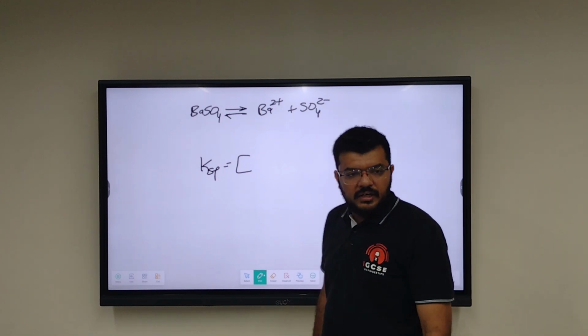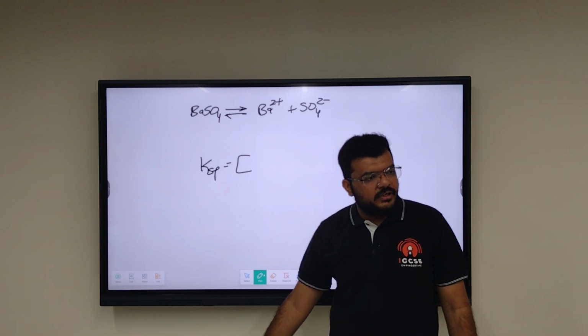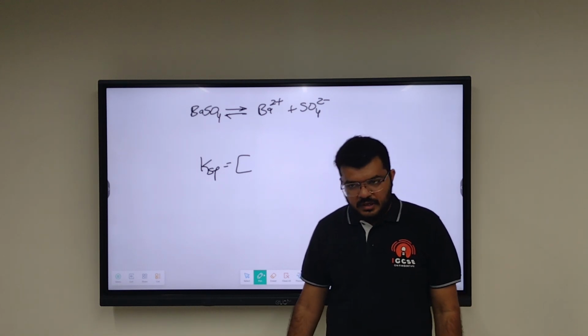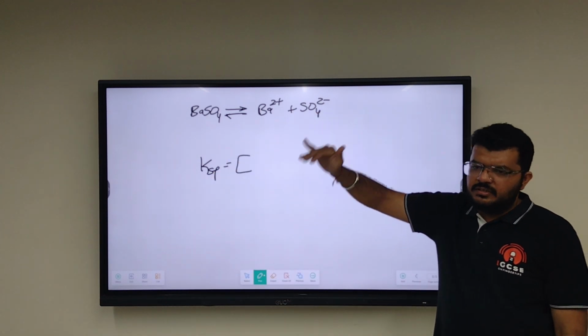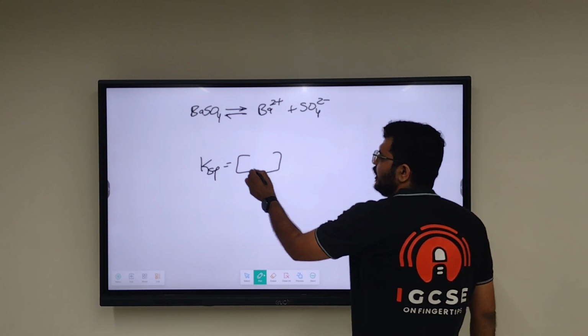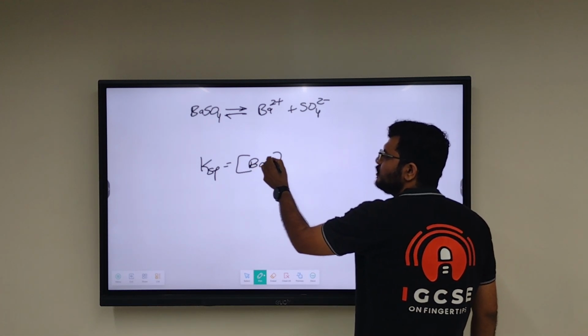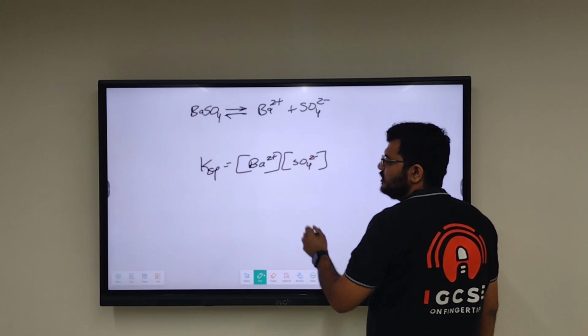This is not completely soluble. As we go down group 2, the solubility of sulfate and hydroxide changes. So I could have taken hydroxide and again we could have understood this in that way. But for barium sulfate, I will write Ba2 plus concentration into SO4 2 minus concentration.